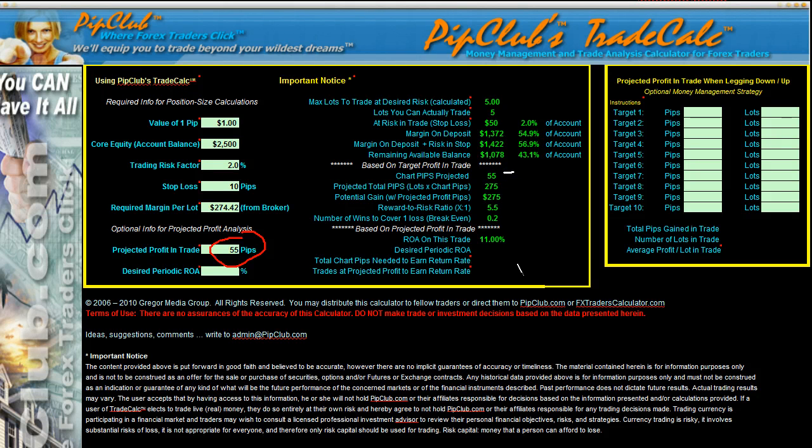Tells us we made 55 pips on the trade. Since we had 5 lots in the trade, it's actually 275 total pips, and at $1 a pip, it's $275. Our risk reward ended up being 5.5 to 1 in this case because we made 55 pips on a 10 pip stop loss. And down here then you see we had an 11% return on account for that particular trade.